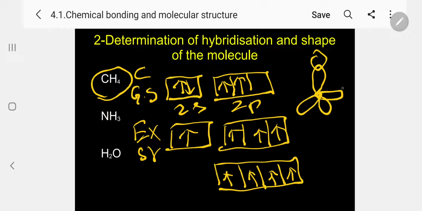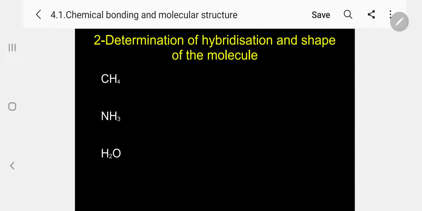Now hydrogen is sharing here, so 4 sigma bonds are formed. No lone pair of electrons. So we are explaining that there is no lone pair present; only the 4 sigma bonds are formed.